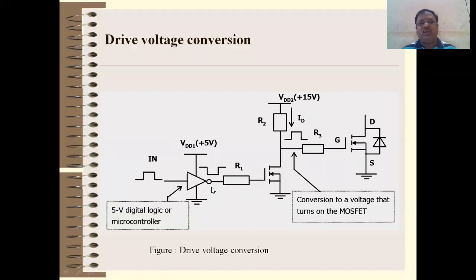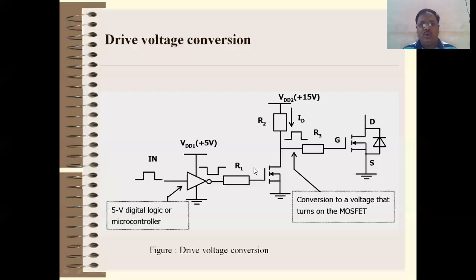Some controllers have a 5 volt output, but still, if you are using the MOSFET for high power rating, then VTH of that MOSFET is definitely greater than 5 volt. In that situation, voltage boosting is required. So this type of arrangement is called drive voltage conversion. So 5 volt to 15 volt conversion is done, and that voltage is applied to the gate of the final MOSFET.